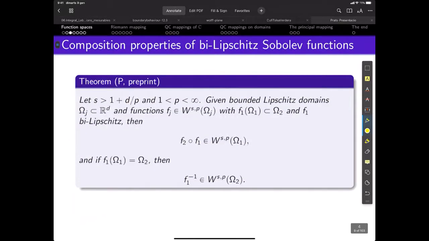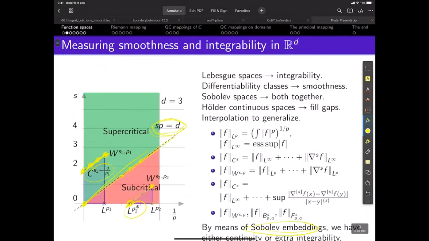I want to stress, during this first section, properties of composition for bi-Lipschitz Sobolev functions. It goes as follows. We take a smoothness greater than 1 plus d over p. So this is not the critical line, but just adding 1 to this critical line. It would be the parallel line above.